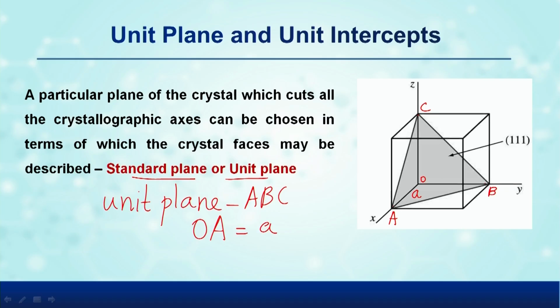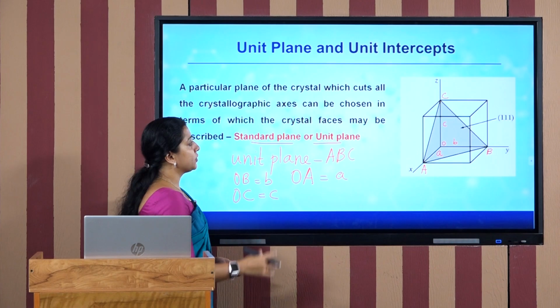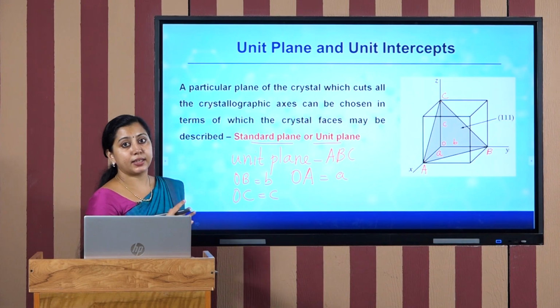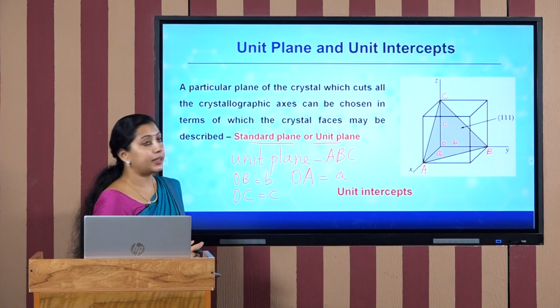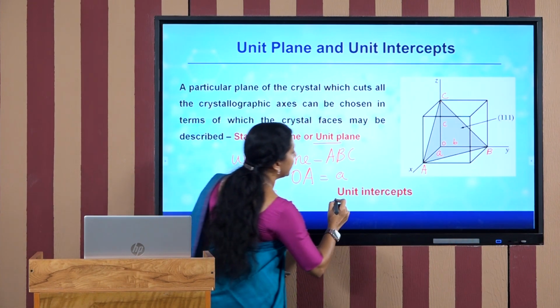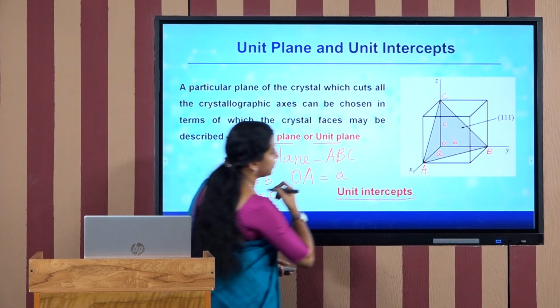Similarly, the distance OB can be represented as small b, that is OB equals b, and the distance OC can be represented as small c, that is OC equals c. So, these distances, that is a, b and c are called the unit intercepts.